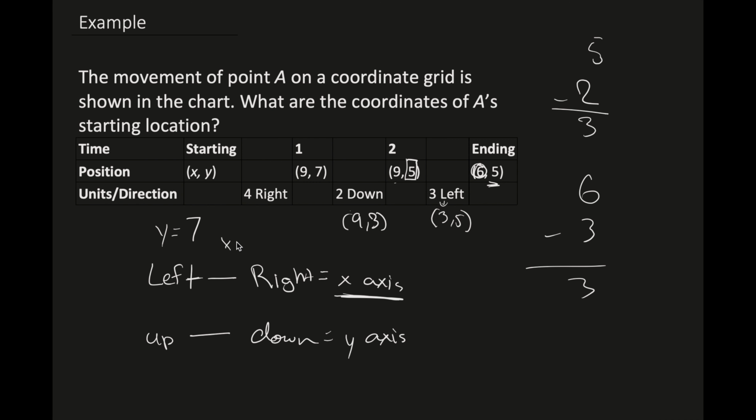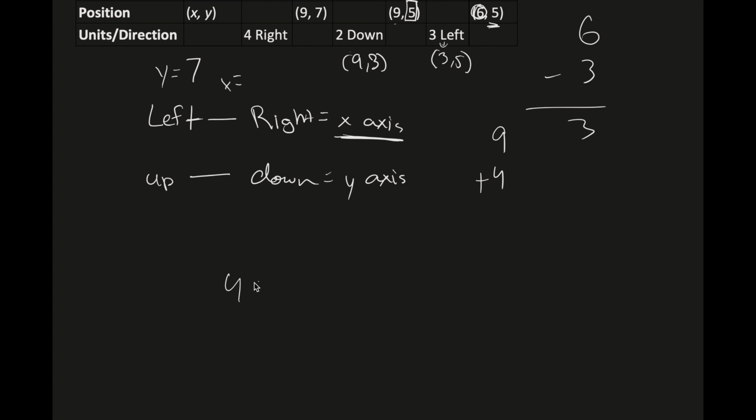Now we got to find out the x, which would be 9 minus 4 because we're going right, right? Wrong. No. We're doing addition. Okay? And again, if you want to think about it, you have 4, 5, 6, 7, 8, 9. If we're doing 9 and we go left, 1, 2, 3, you do that.